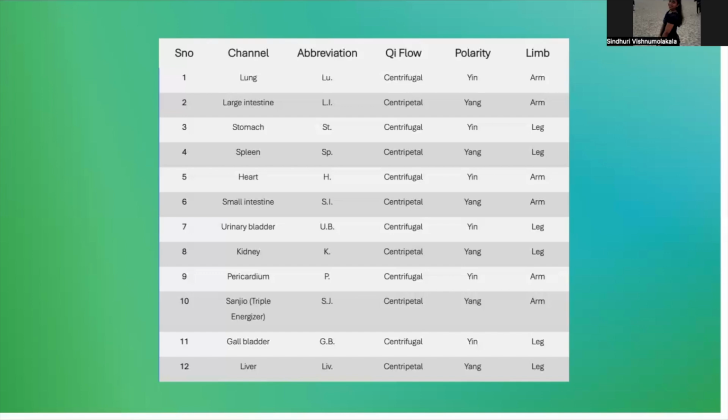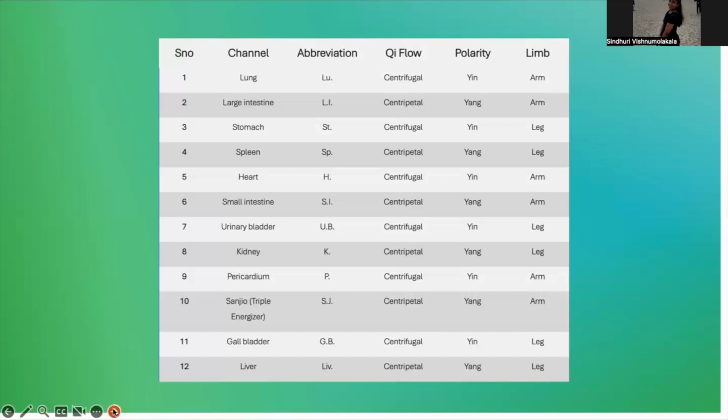It's the same with every 4 meridians. So, what are the paired meridians? The lung and the large intestine form the first pair, the stomach and the spleen the next pair, heart and small intestine the third pair, urinary bladder and kidney, pericardium and Sangio, and finally gallbladder and liver.